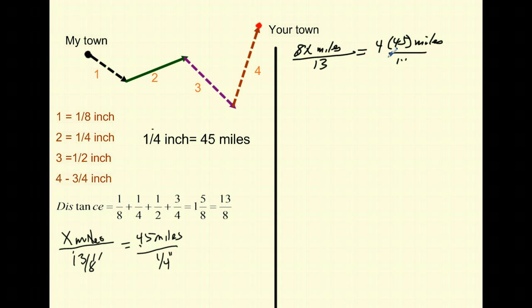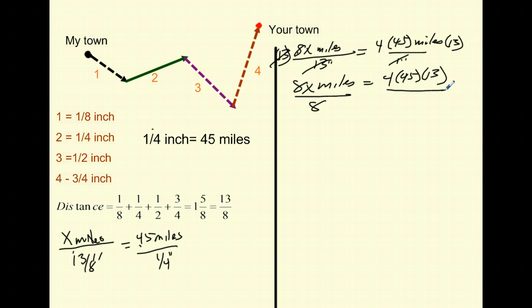And these are inches. And so I multiply both sides by 13. 13s cancel, inches cancel, and so I have 8x miles is equal to 4 times 45 times 13. Then I divide both sides by 8. 8s cancel.